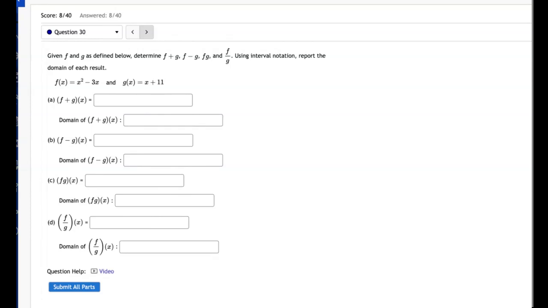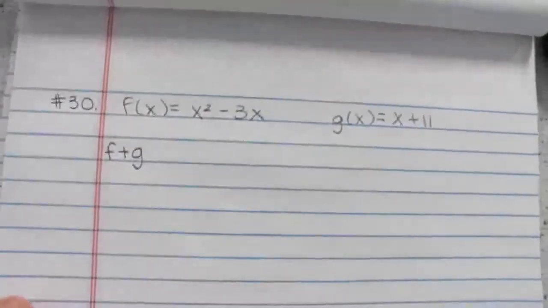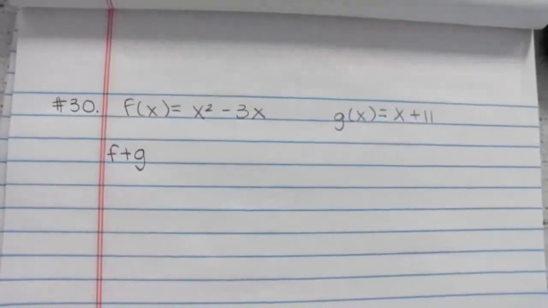Thankfully these aren't bad ones. So we have f and g. First, let's find f plus g.